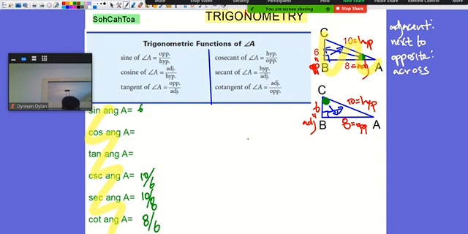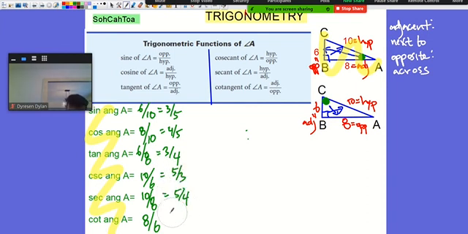We said this is 6 over 10, this is 8 over 10, and this is 6 over 8. Let's just reduce these: 3 over 5, 4 over 5, 3 over 4, 5 over 3, 5 over 4, and 4 over 3. I just reduced it.